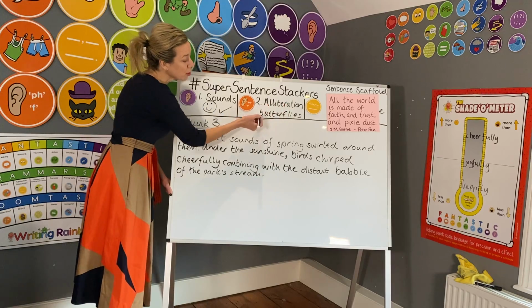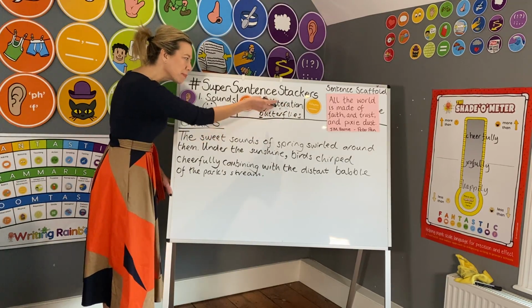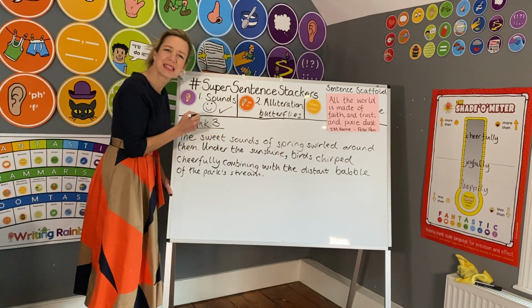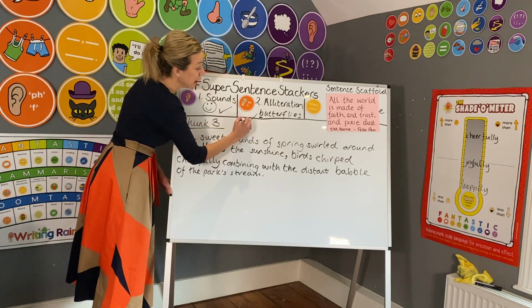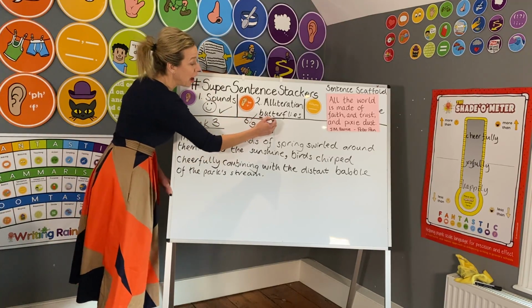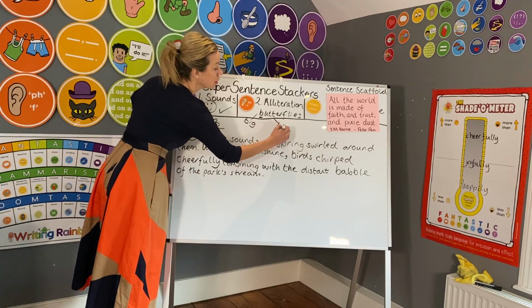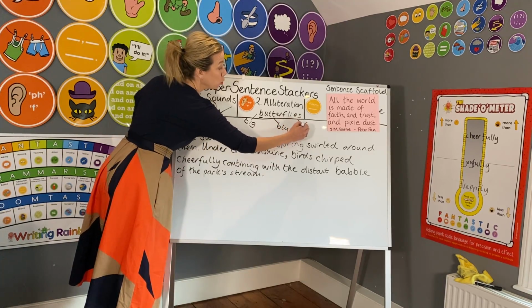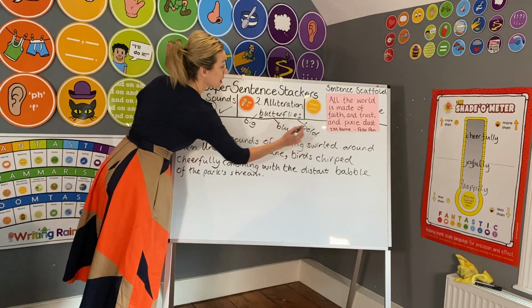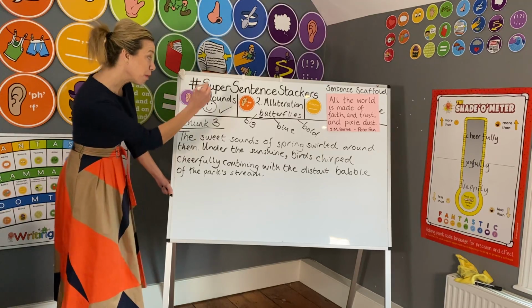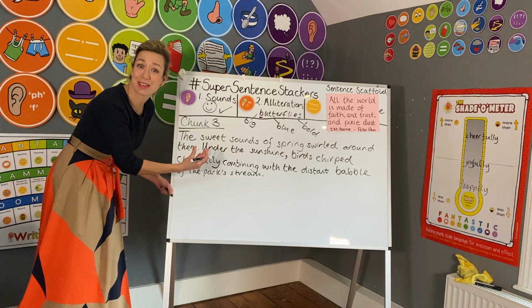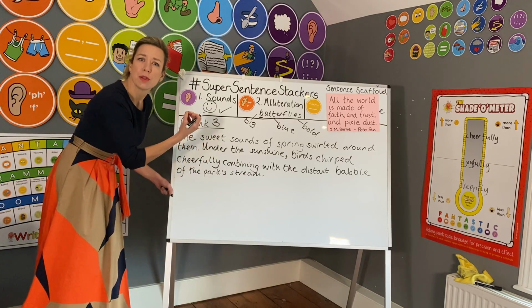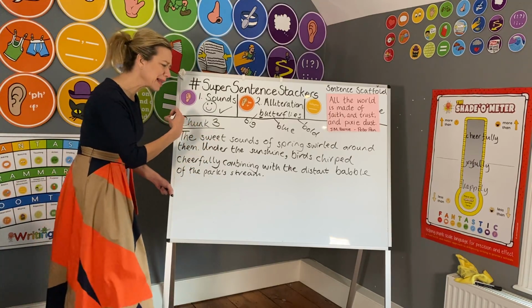So I've got to think about perhaps words that begin with that sound, b. I could have big, I could have blue, I could have bold. There's some ideas. Now I've done that, I'm going to build a sentence thinking about butterflies and language.